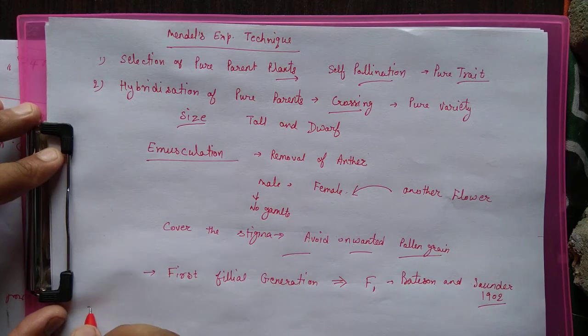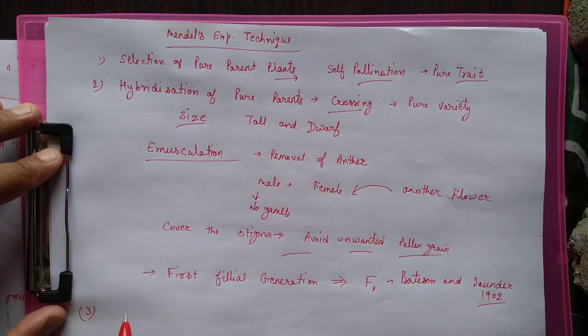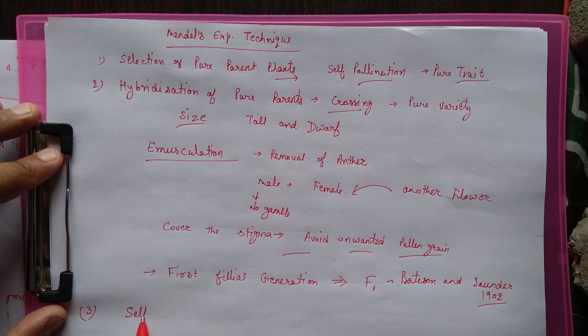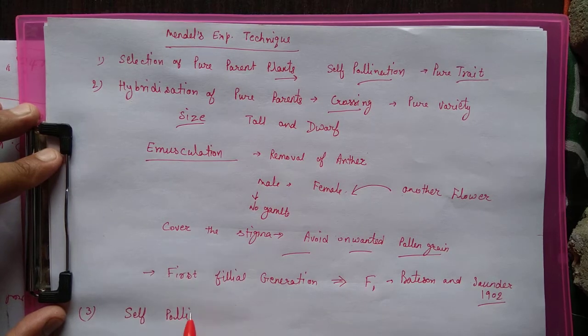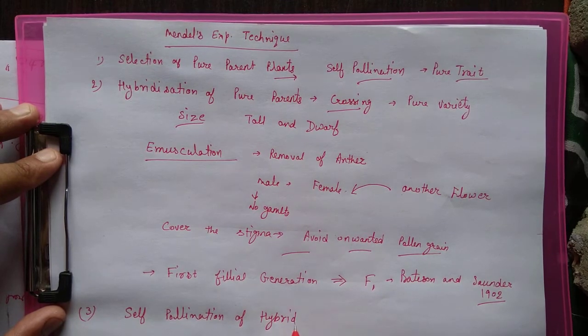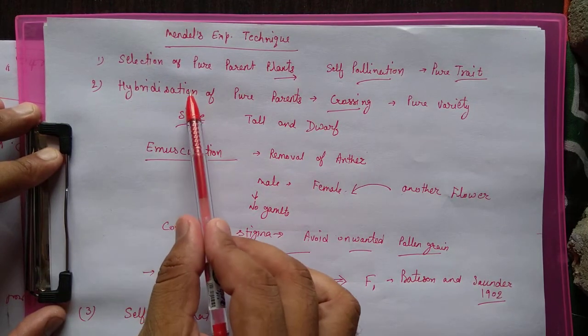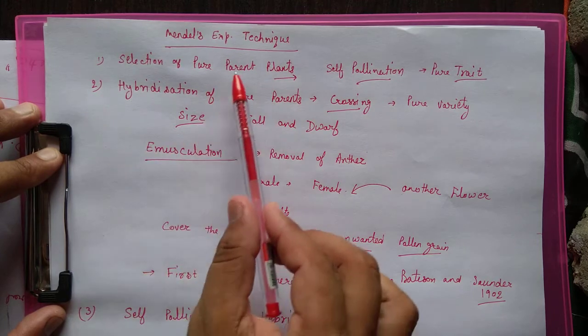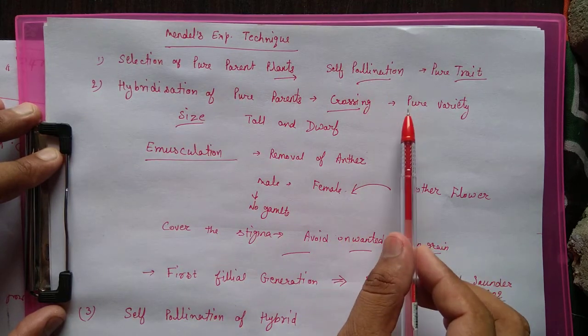Third step is self-pollination. Again, the self-pollination of the hybrid. The first step is select pure parent by self-pollination.